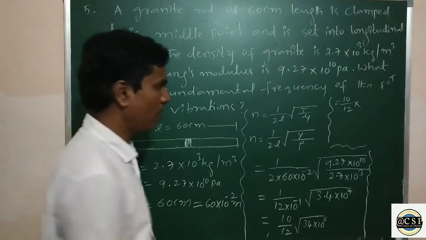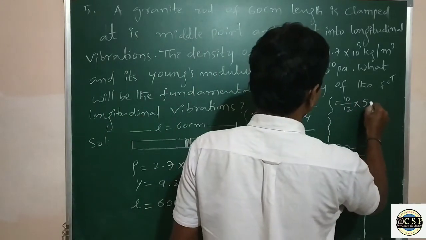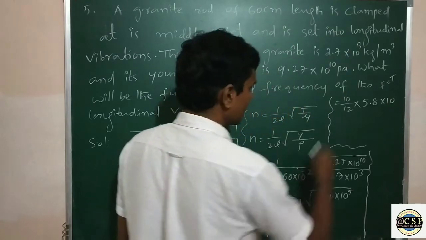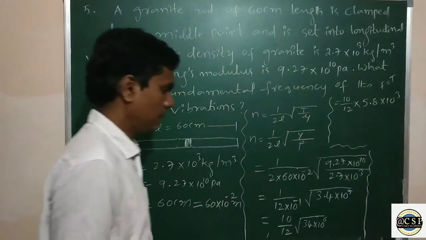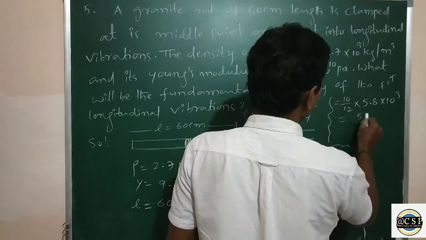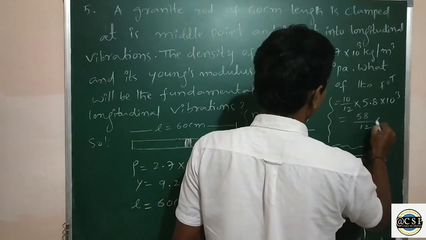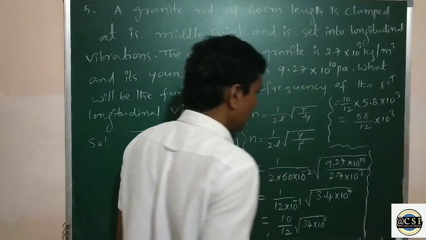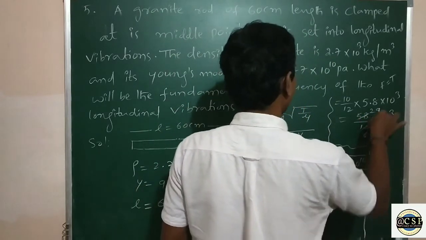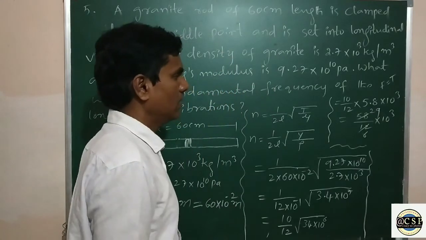I think 5.8, approximately 5.8 into 10 power 3. And here is 58 by 12 into 10 power 3.